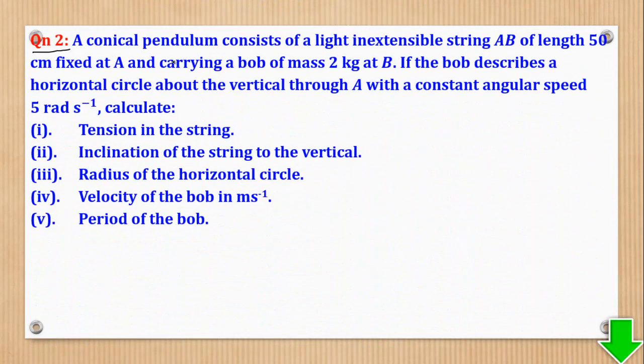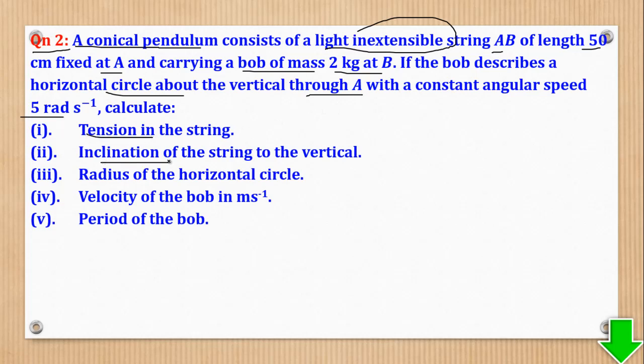So now we shall go to question 2. Question 2 says, a conical pendulum consists of a light inextensible string AB of length 50 centimeters, fixed at A and carrying a bob of mass 2 kilograms at B. If the bob describes a horizontal circle about the vertical through A with a constant angular speed of 5 rads per second, calculate the tension in the string, the inclination of the string to the vertical, the radius of the horizontal circle, the velocity of the bob in meters per second, and lastly, the period of the bob.